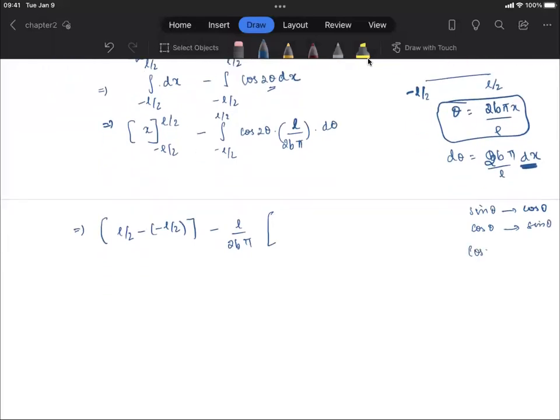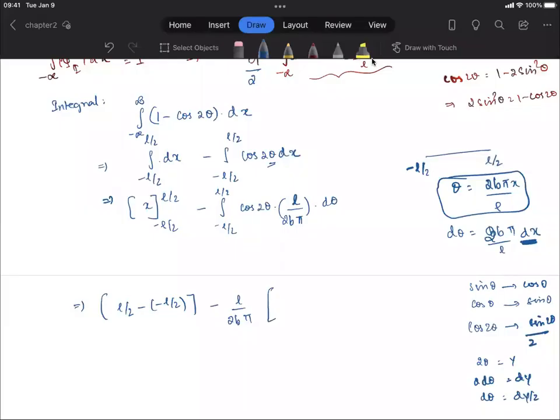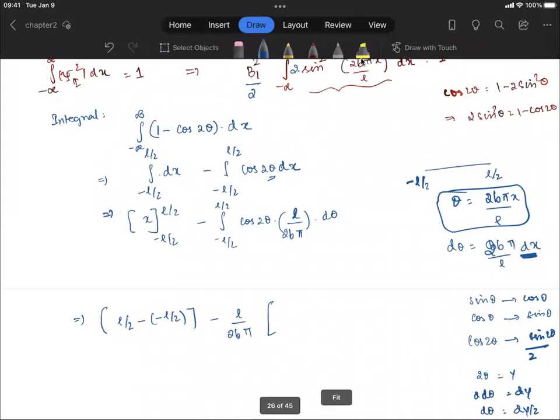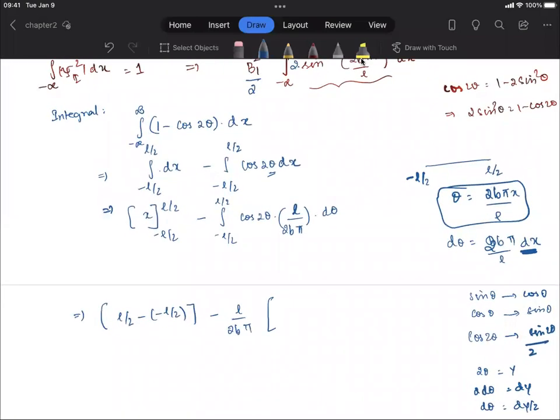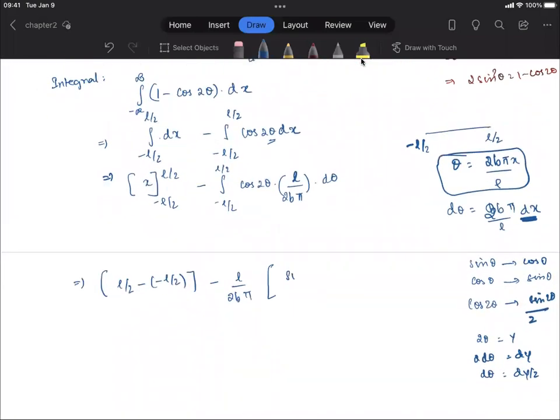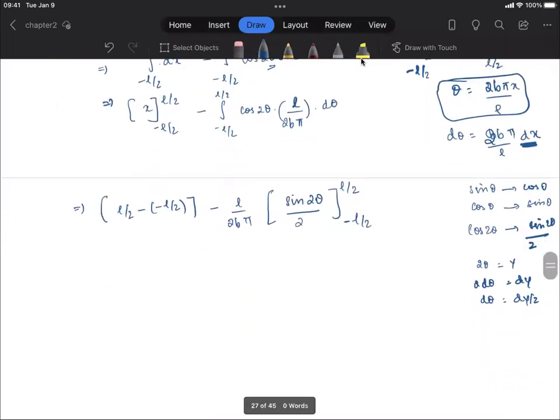The integral of cos 2 theta is going to be sine 2 theta divided by 2. Now I'm going to write that out explicitly. So this will be L over 2 plus L over 2, which is L.